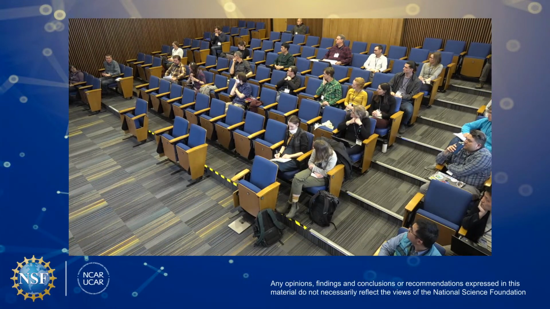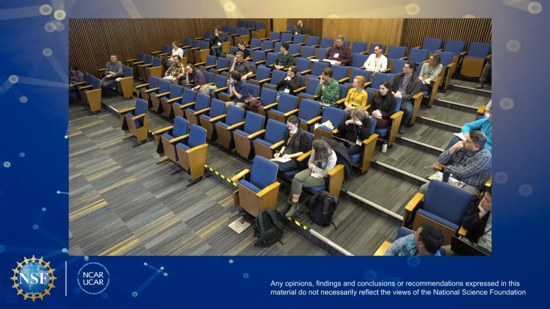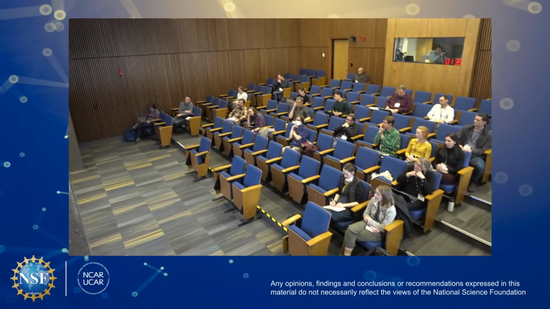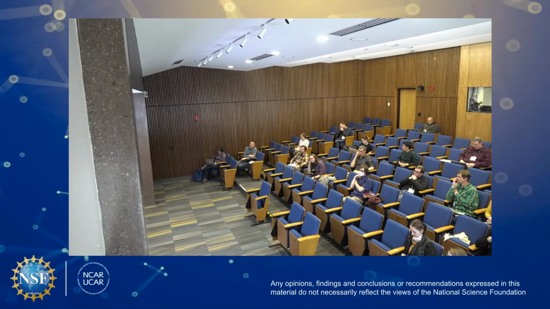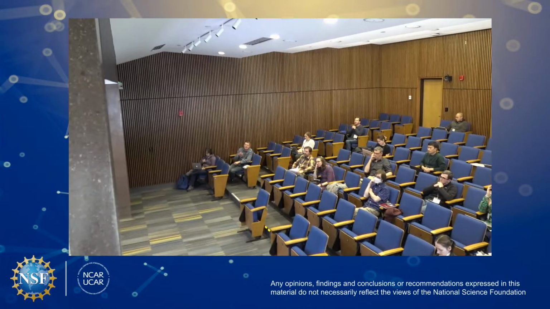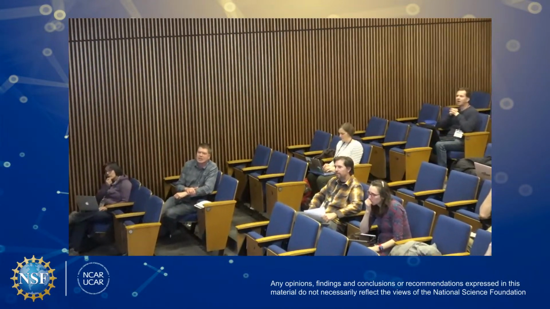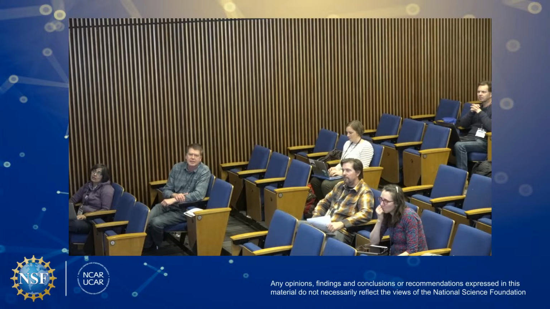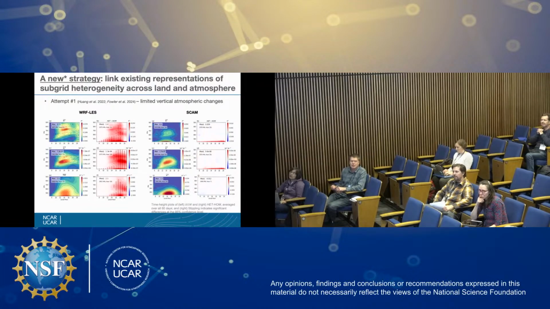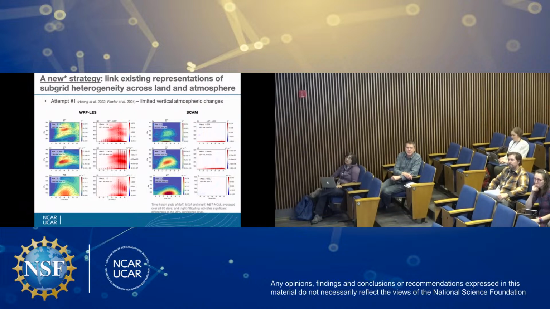Meg, great talk, thanks. I want to go back to the first slide you showed where you talked about the difference between WRF LES and SCAM, and you said SCAM wasn't showing the sensitivity that you see in the LES. I was wondering, how much is that related to the different ways in which the vertical resolution of the models is represented?